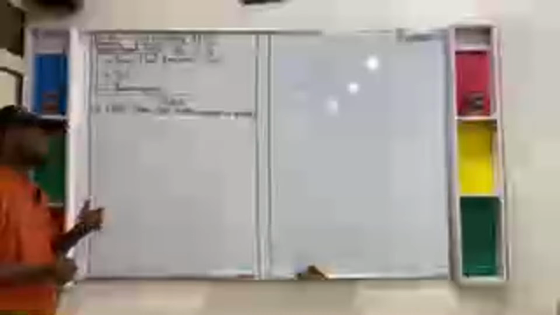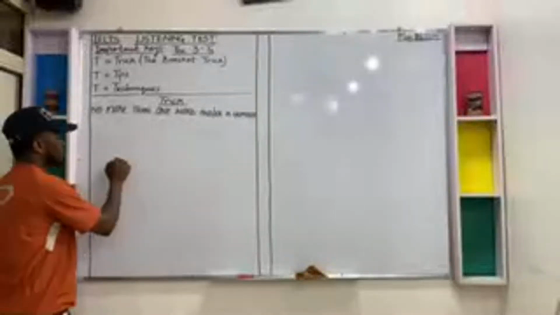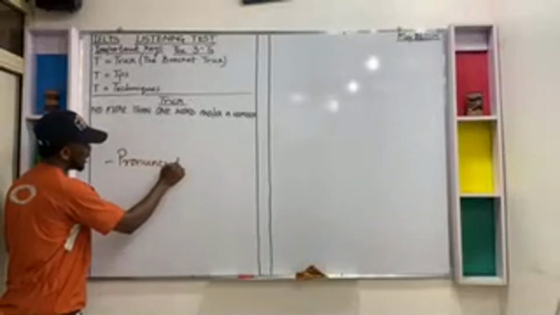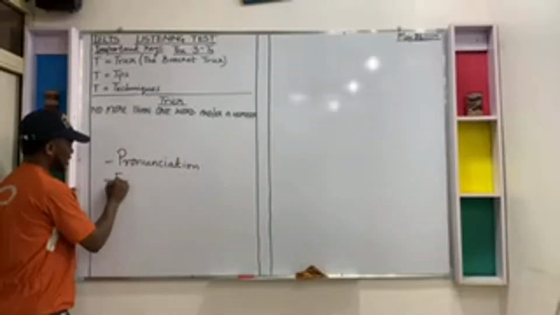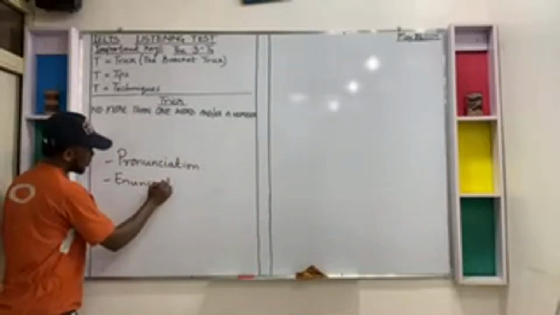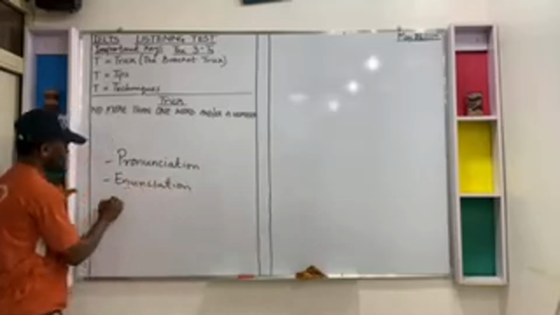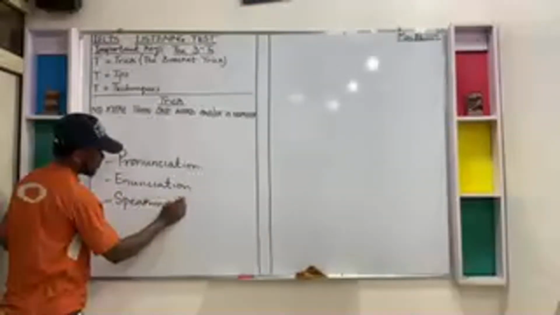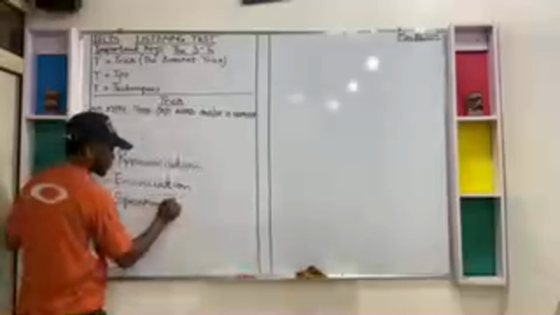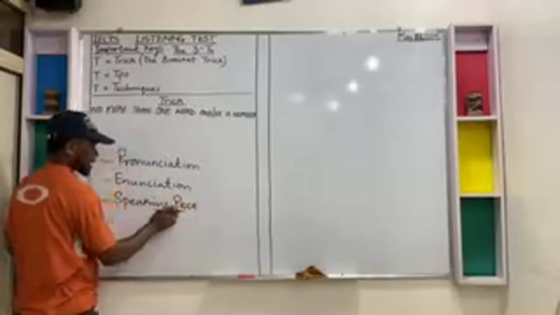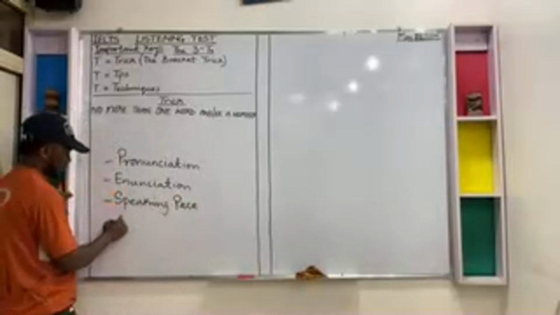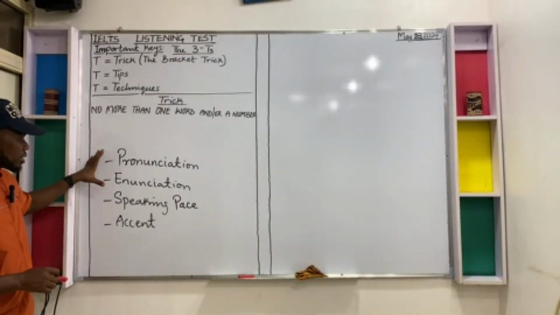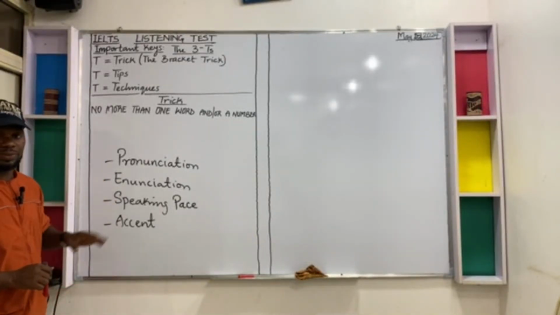The things people battle with include the pronunciation of the audio by a native speaker, enunciation, speaking pace, the voice of the speaker in the audio, and accent. These are the major things people, in a way, battle with.